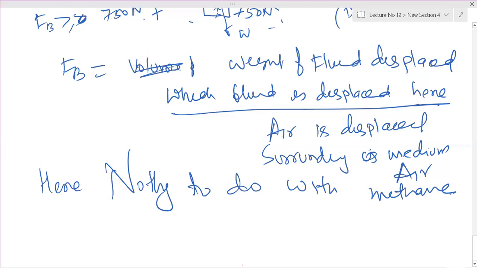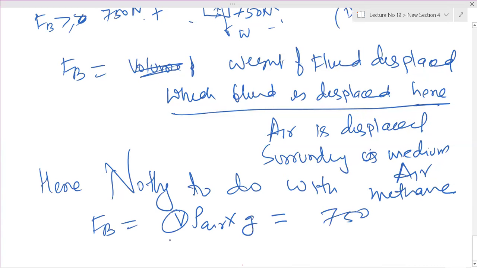This is the concept. So FB is equal to volume V into density of air into g is equal to 750. So this volume V is equal to 750 divided by 1.25 into 9.8. So this is your answer.